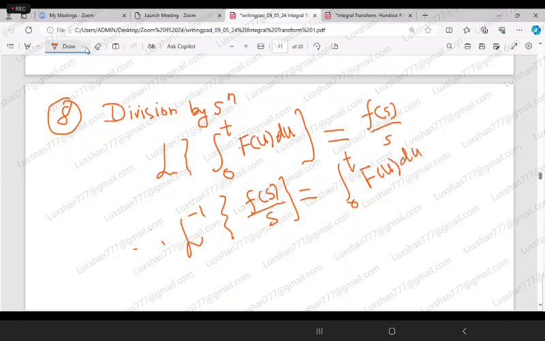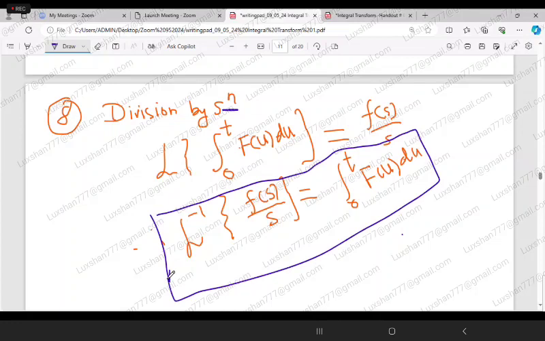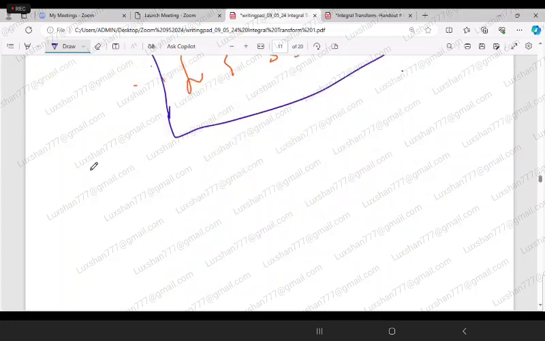Here we say it is s to the power n, but here we are having only one. So if you have many s, you have to apply this multiple times. Here we have this for only one, when dividing by only one s. Now we'll have an example.